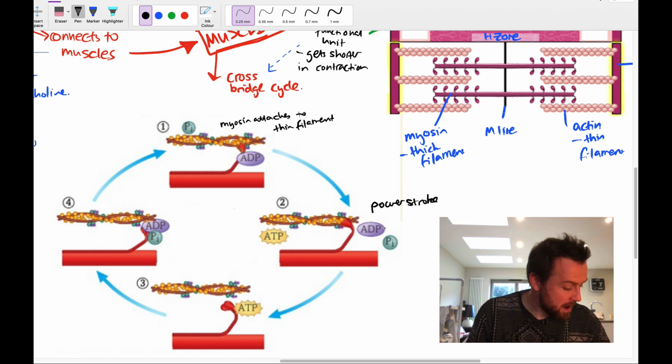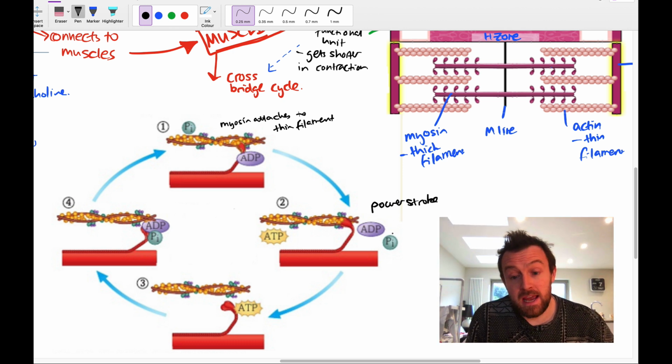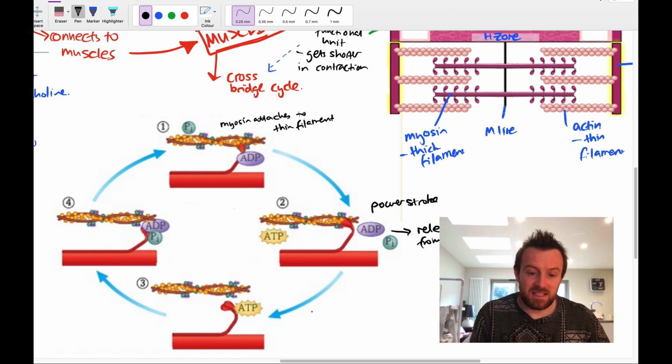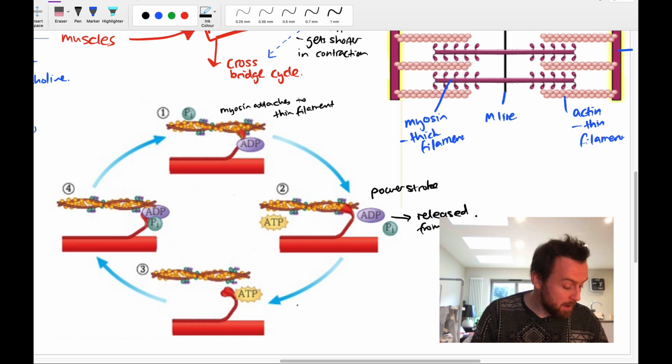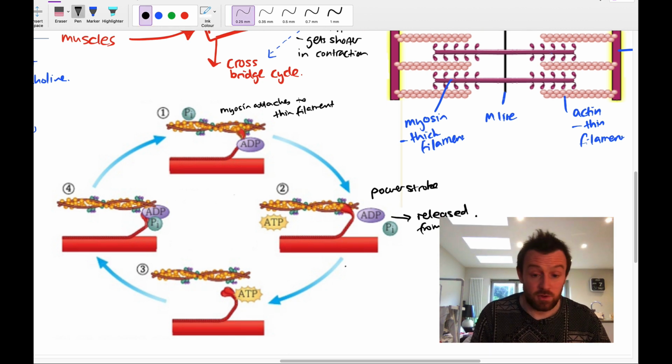During that power stroke, ADP and Pi are released from the myosin head. At stage 3, ATP binding allows the head to detach.